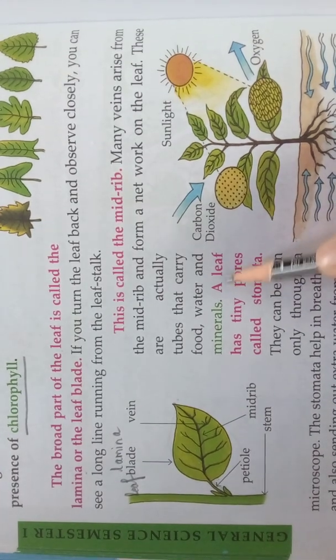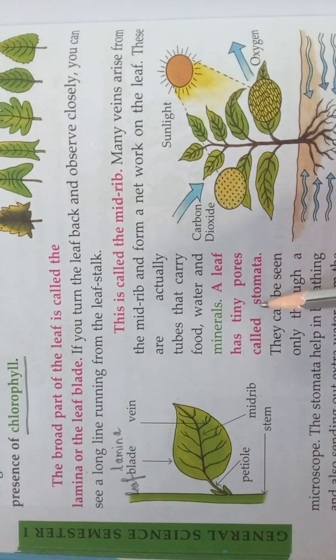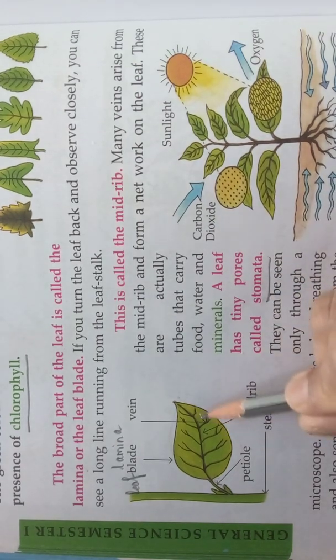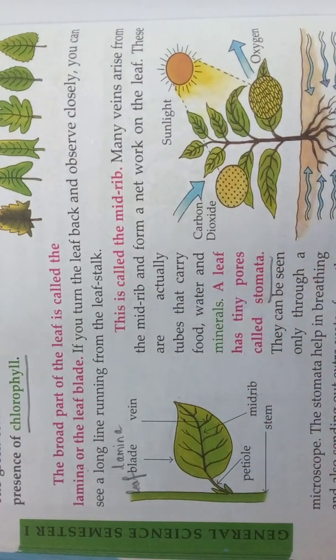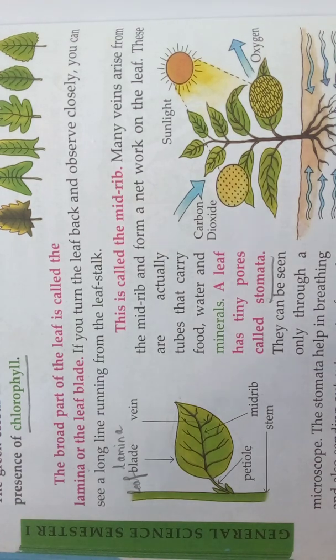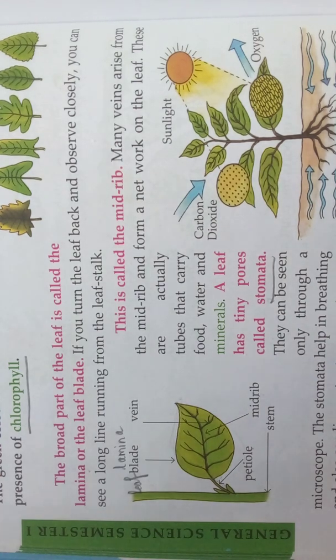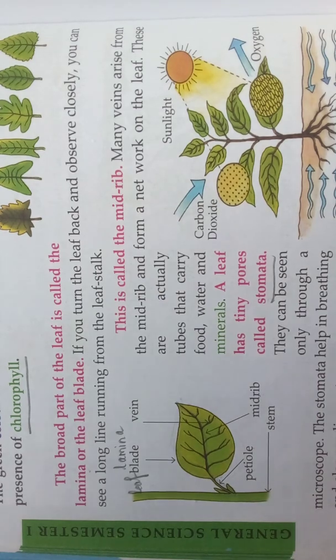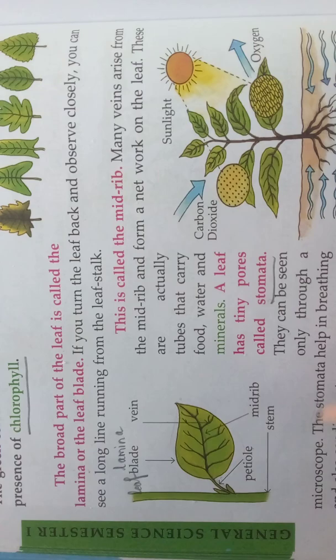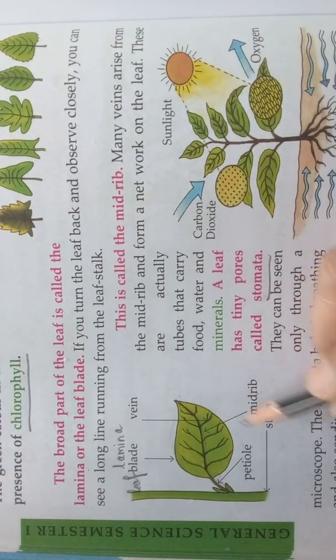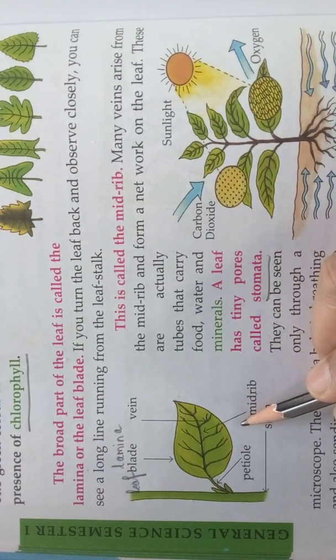Now look here, a leaf has tiny pores called stomata under it. The downside of the leaf has tiny pores. What are they called? Stomata. We can't see them with our eyes alone; we can see them only through a microscope. Stomata are nothing but tiny holes, tiny pores.